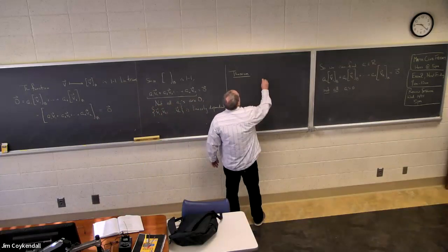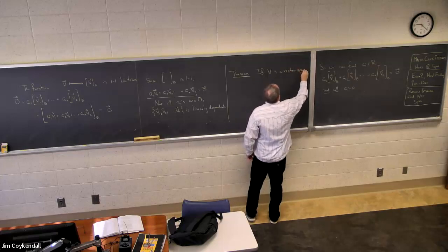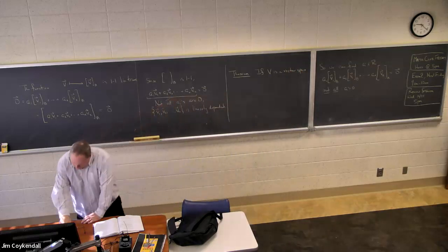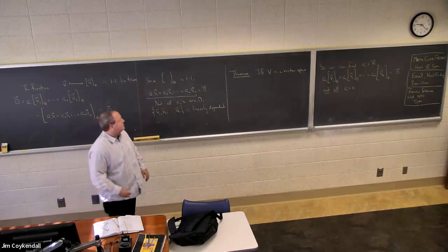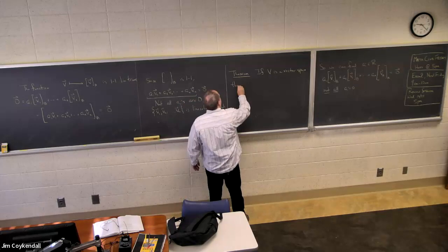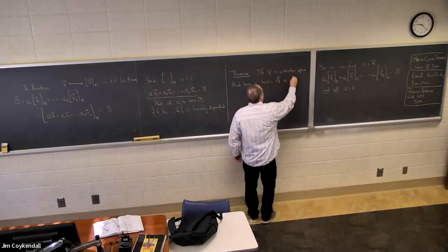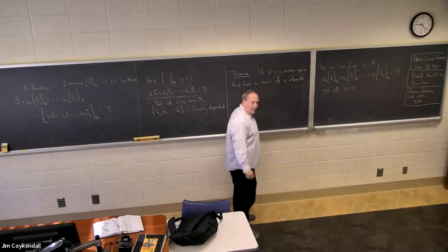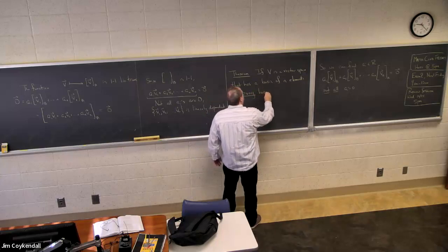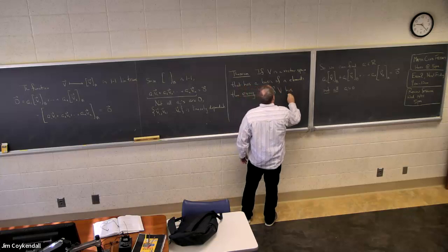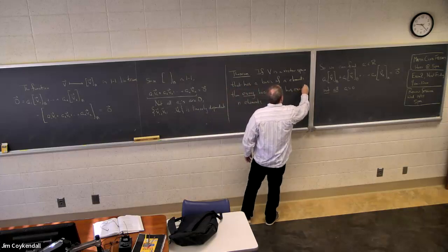As a matter of fact, theorem: if V is a vector space, and we'll say it has a basis of n elements, so what I call a dimension, then every basis of it has n elements. Let me say exactly, sort of emphasize it.